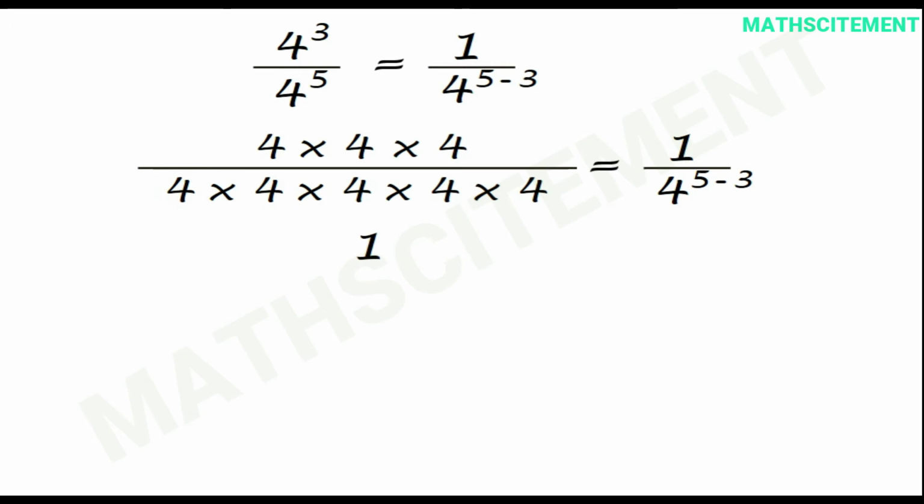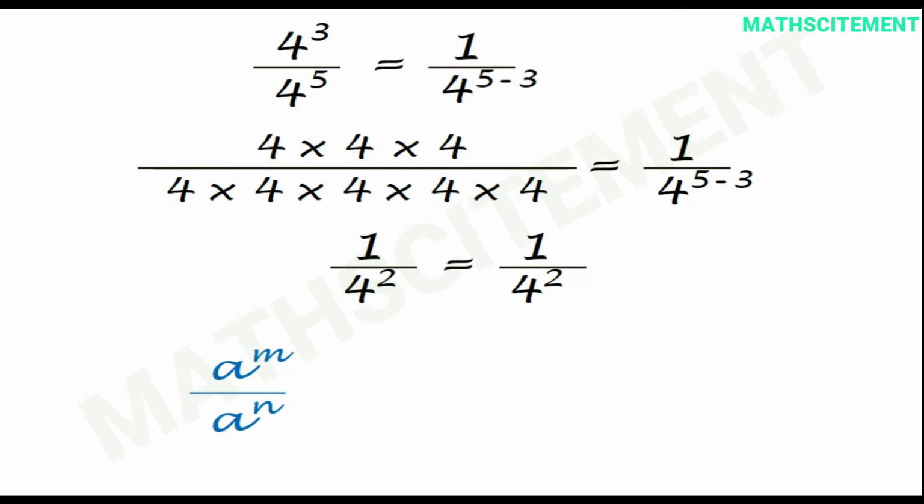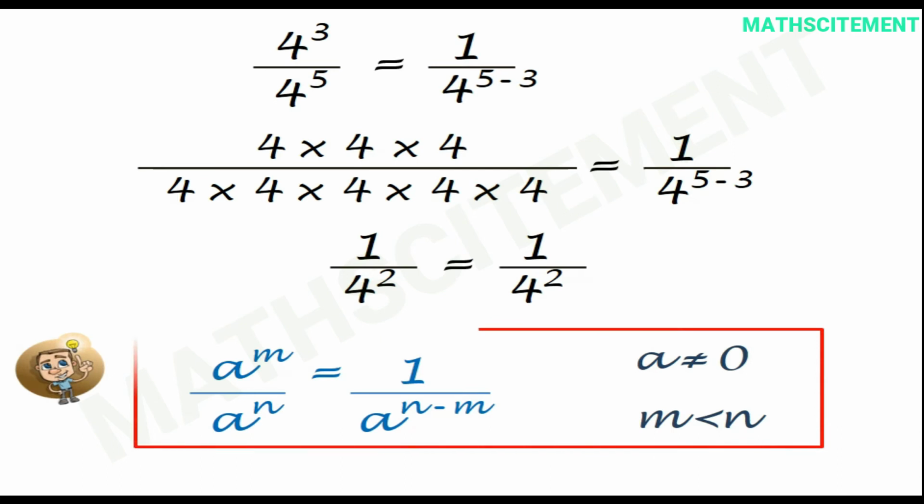This can be written as 1 divided by 4 to the power of 2, which is equal to what we have on the right hand side. So remember, a base number to the power of m divided by itself having a power n can be written as 1 divided by the base number having a power equal to n minus m, where a is a non-zero number and m is less than n.